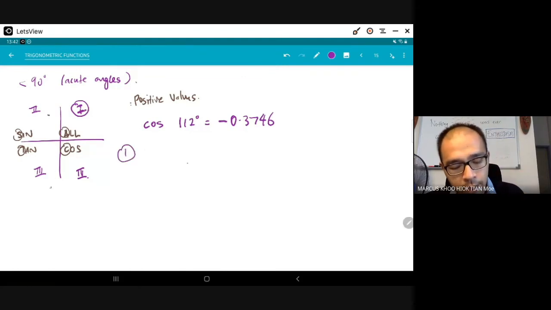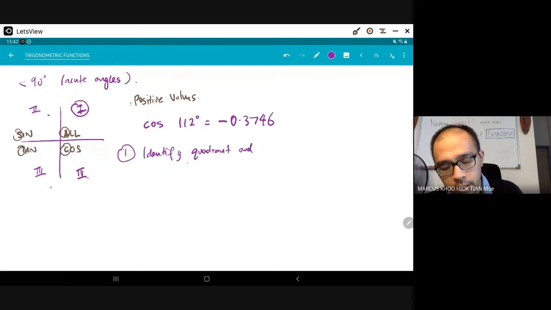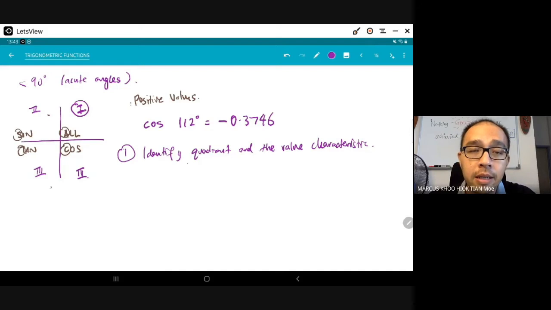Step one, identify the quadrant and the value characteristic. This is the first step. Identify which quadrant this angle is in, and what is the value characteristic?